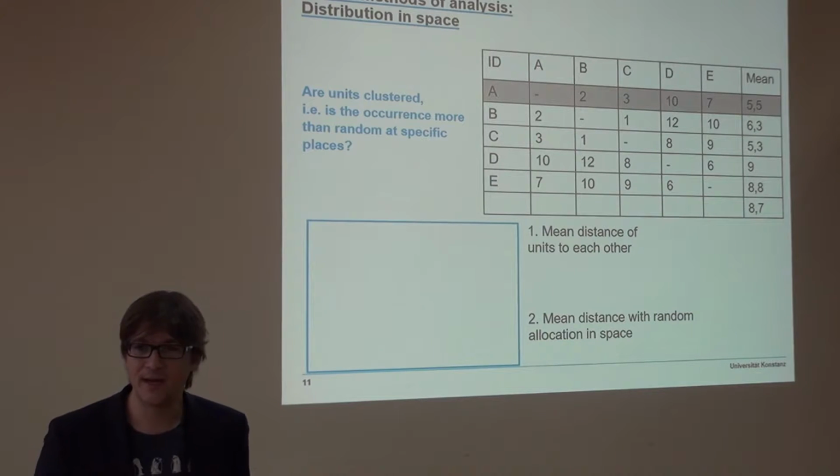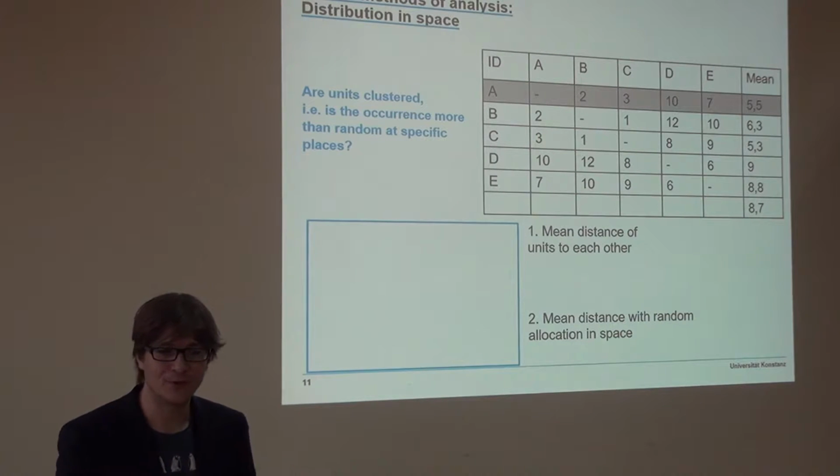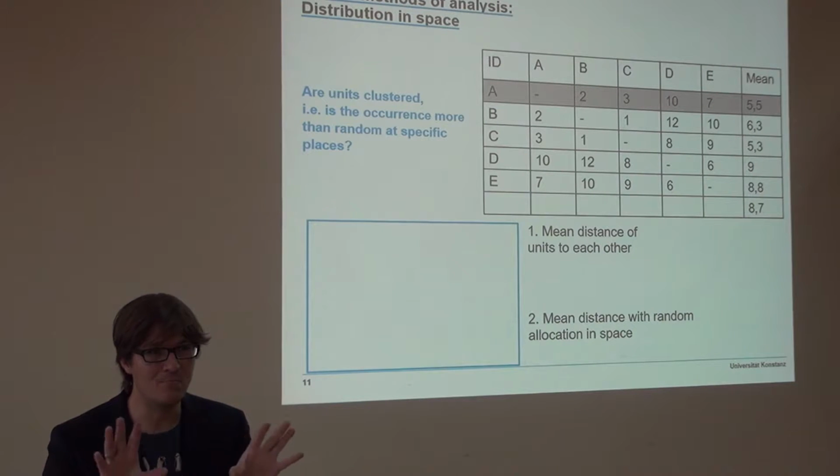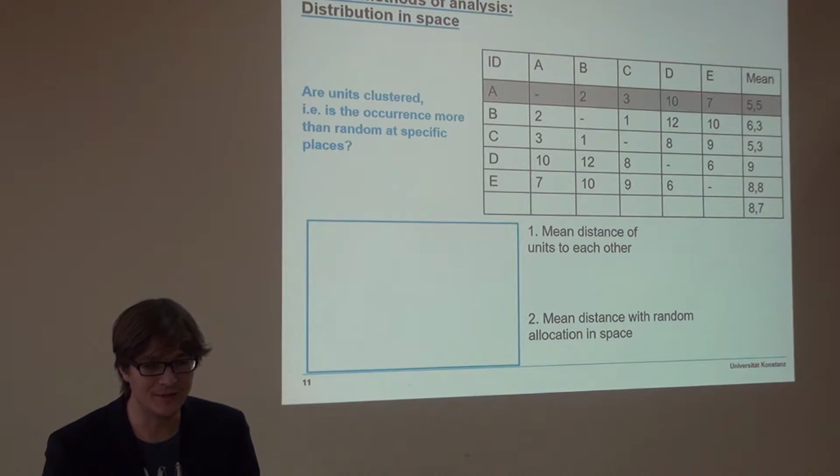And then you can compare the observed mean distance with the mean distance that would occur when there would have been a random occurrence of the same number of occurrences in space.